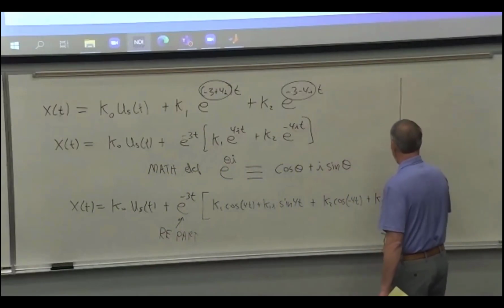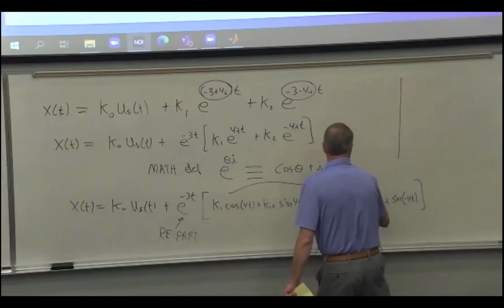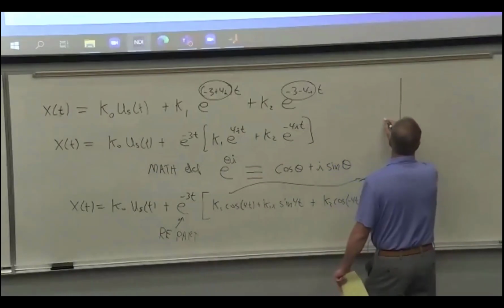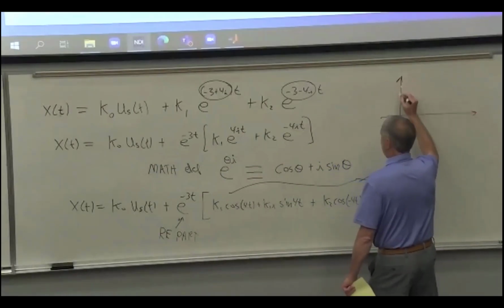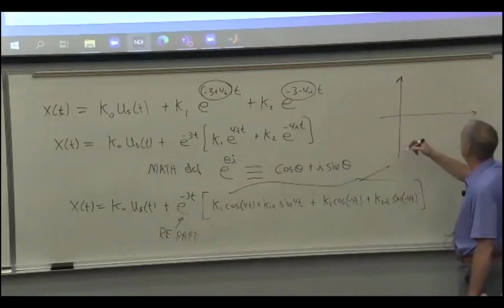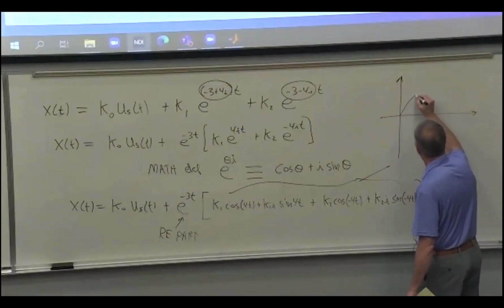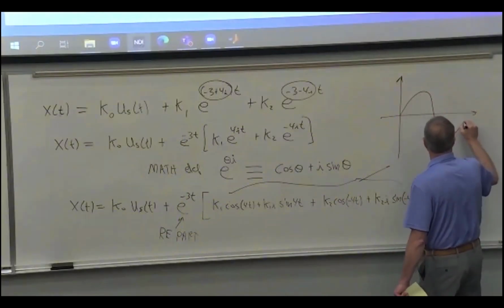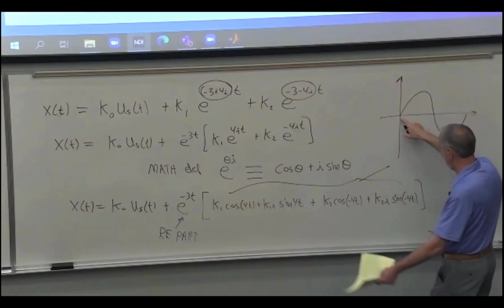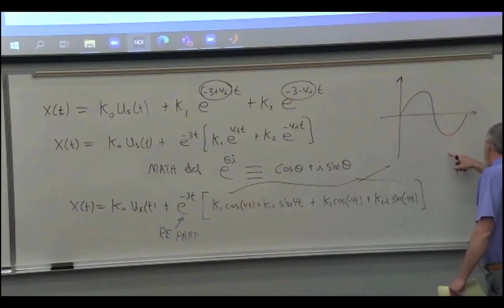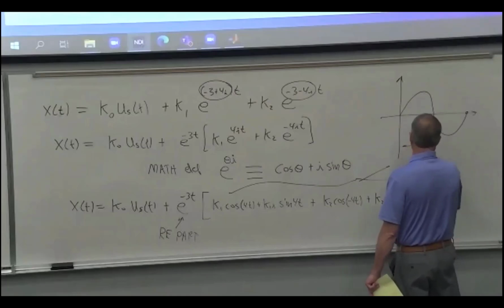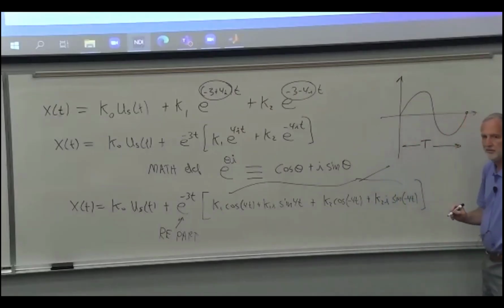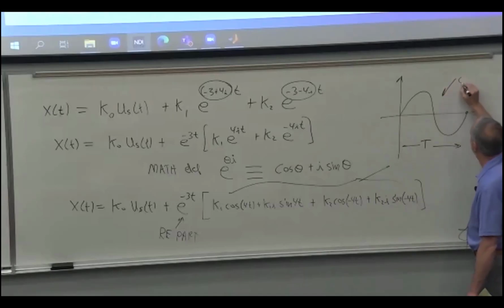So what do these terms do? They look like sines and cosines. Let's just do the sine one. All right, the sine at time t equals 0, sine of 0 is 0. It's going to go up to 1, it's going to go down to -1, and then after a period, it's going to go back to 0. And what's the frequency?